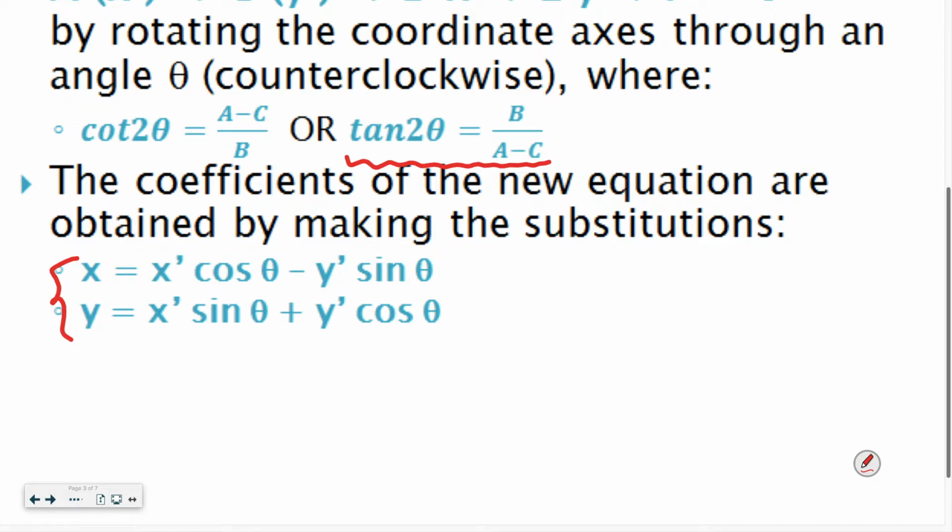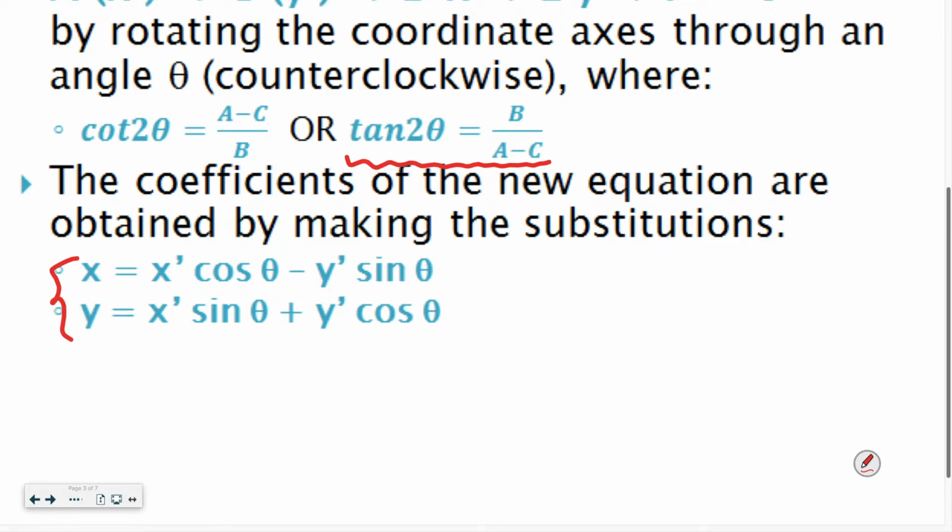So we really haven't even started the biggest chunk of the problem yet. And there's already quite a few points you would be awarded in the problem. So I'm going to look for you identifying the type of conic, you identifying the angle using that formula, and I'm going to give you points for rewriting x and y.